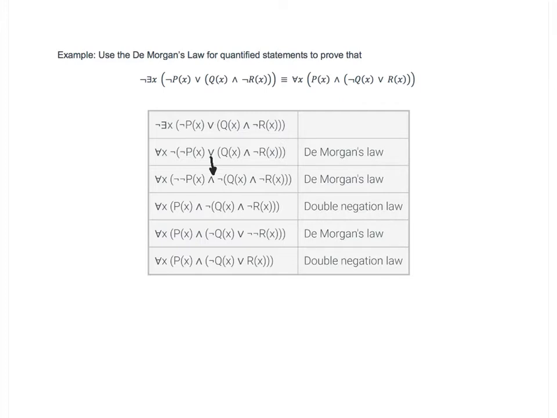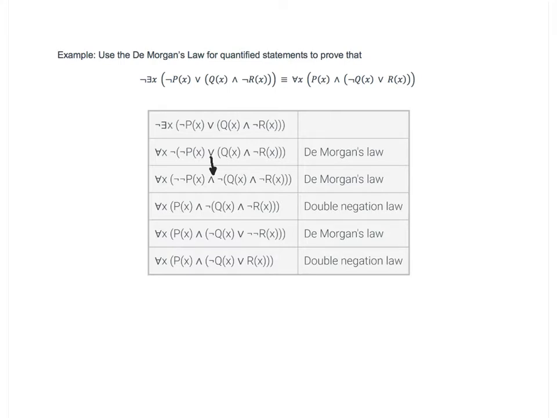Apply double negation to get rid of these two back-to-back negations before p of x. And then again, the second operand of the conjunction, as you see, is a negation over a conjunction. Based on De Morgan's law, you can distribute a negation over the conjunction by converting the conjunction to a disjunction and negating both operands of that conjunction.